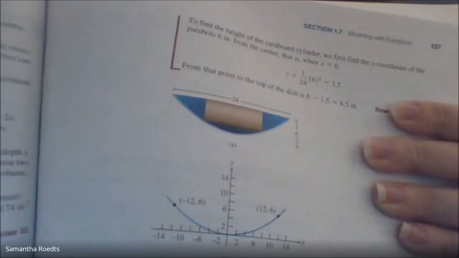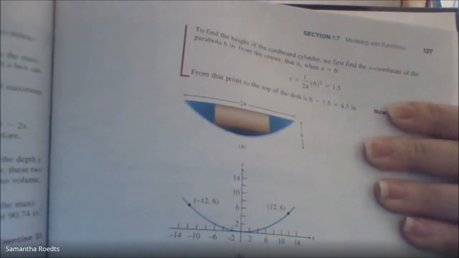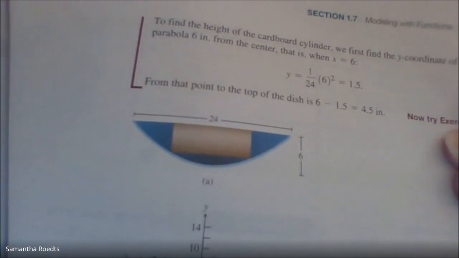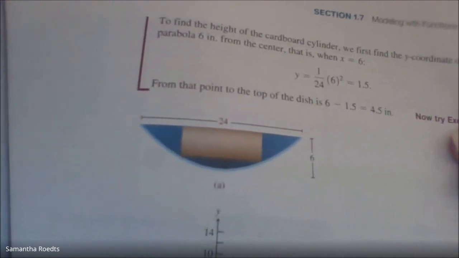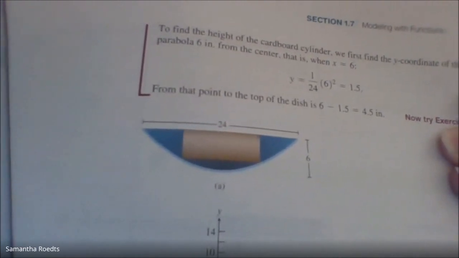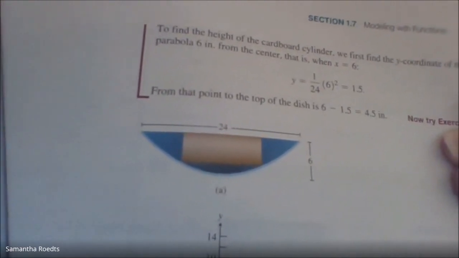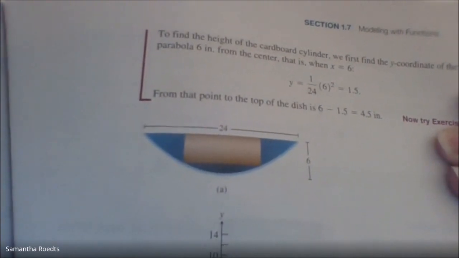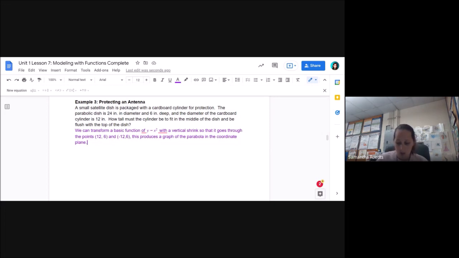That graph is 24 long and 6 high. So if I cut it in half, that's my 0 point, so it's 12 from each side. That 24 is split in half, so that's where I get (-12, 6) and (12, 6), because the 24 is across.